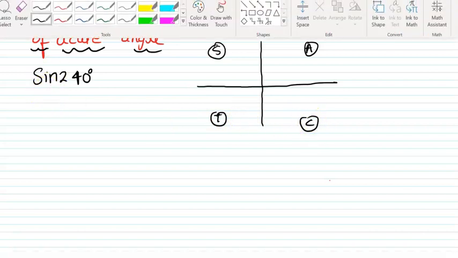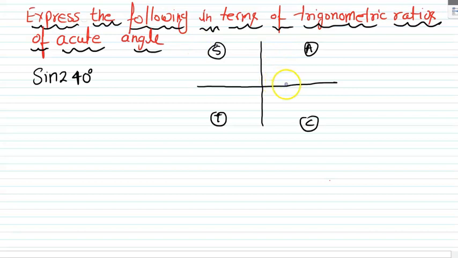Sine 240 means you need to go anti-clockwise. ACW stands for anti-clockwise for positive, and clockwise is negative. So sine 240: if we start moving, this is 90, 180, and 240 will be somewhere here. This blue arrow is covering 240 degrees.